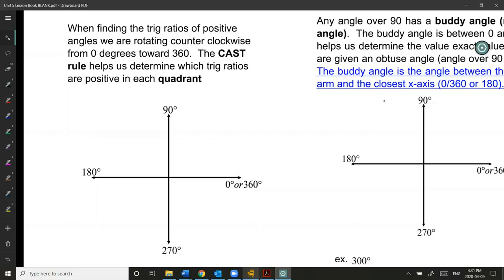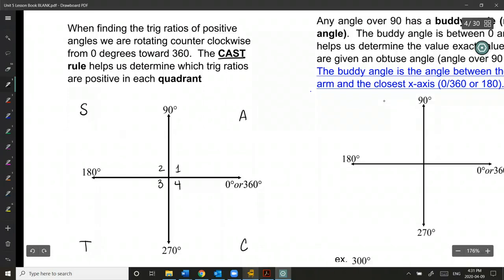So far in grade 10 trigonometry, we've been sticking between 0 and 90 for right angle triangles. So the cast rule helps us, and I'm going to show you how this works. So have a calculator handy. You want to be in degree mode, and we're going to write the word cast starting at the bottom quadrant and rotating counterclockwise. Now the quadrant names, just to remind you, are quadrants 1, 2, 3, and 4.